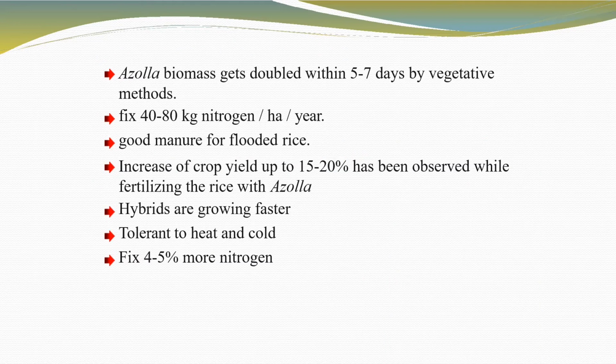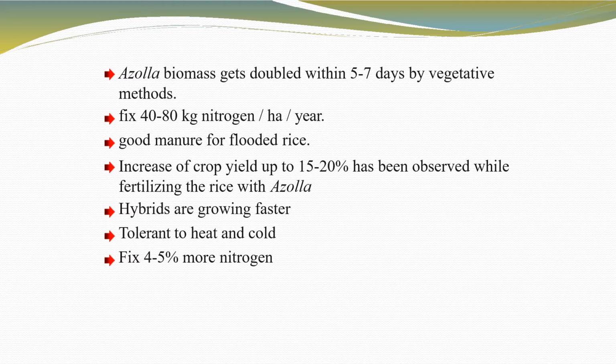Now here in this slide, I'll show you the properties of azolla. It has various qualities, like the biomass of azolla gets doubled within 5 to 7 days by vegetative methods. And this azolla fixes 40 to 80 kilogram nitrogen per hectare per year. It is a good manure for flooded rice.